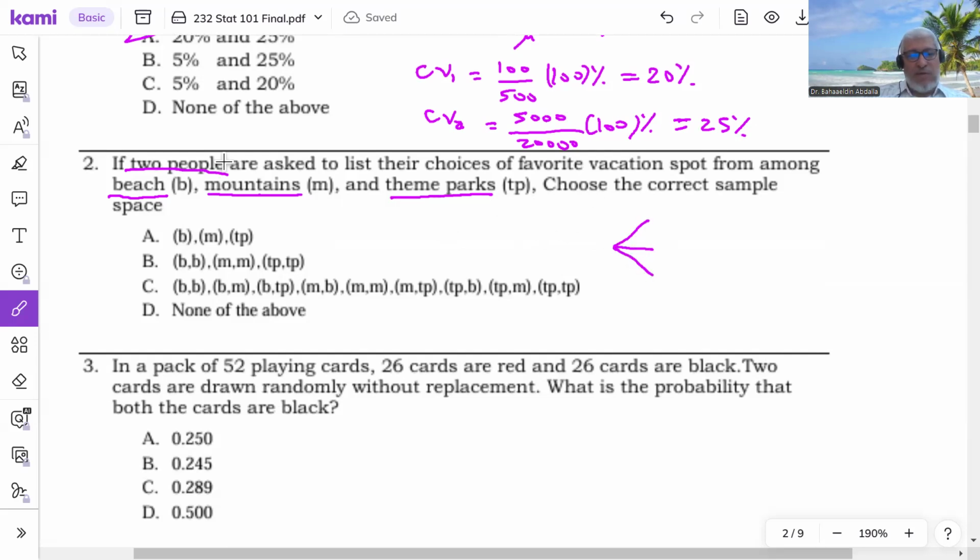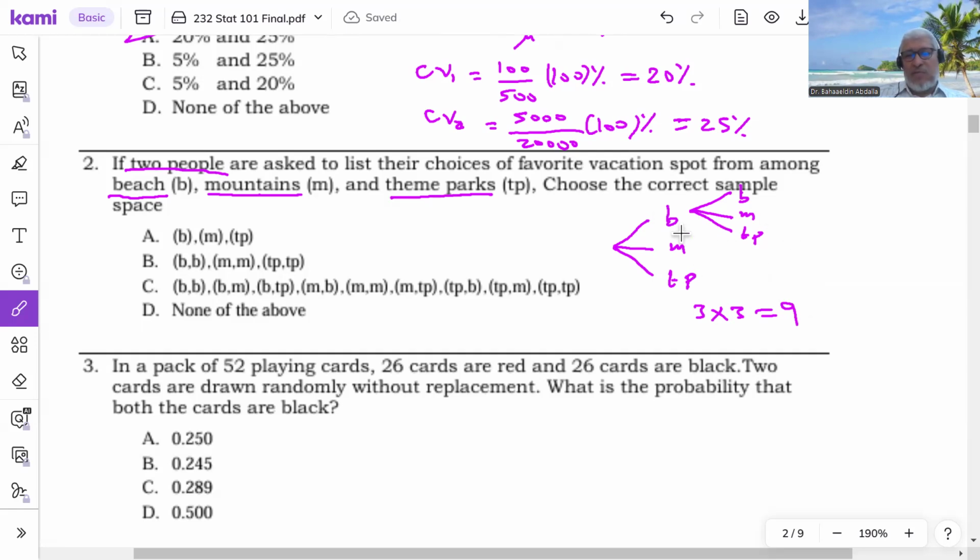The first person will choose one of these three, either B, M, or TP. And once he made his choice, the second person will select one of these three again. So there are three selections for the first person and three selections for the second person. So we will have 9 different selections for both of them.